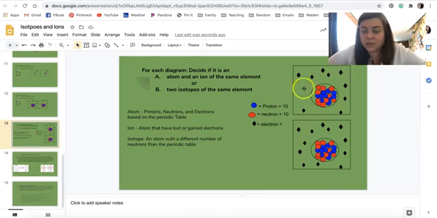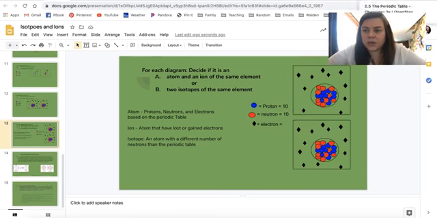If it has the same number of neutrons, then we'd have to look to our electrons to figure out if these two diagrams represent an atom and an ion or two isotopes. So let's count: 3, 6, 9, 10. There's 10 neutrons in both of these pictures, which means right away we can eliminate isotopes, but we want to verify that one of these is an ion.